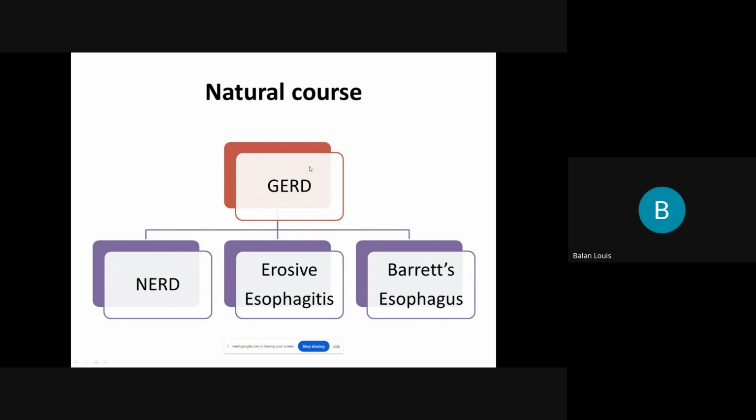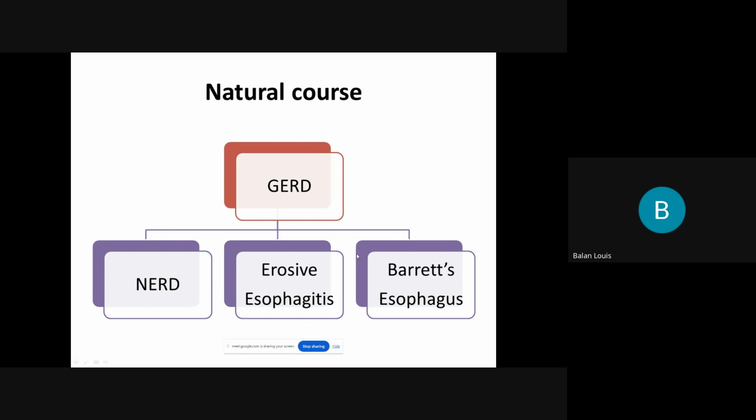So what is the natural course? GERD can have no erosion, where it is called non-erosive esophagitis, or non-erosive reflux disease. It can just be a passive disease, or it can form erosions where you can have inflammation, and in that condition we call it erosive esophagitis.